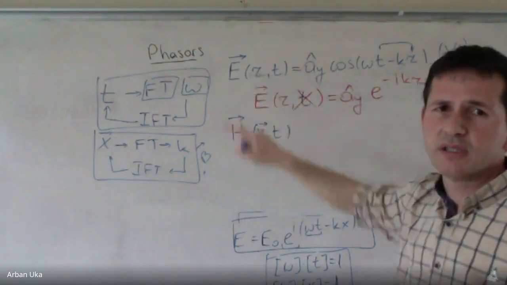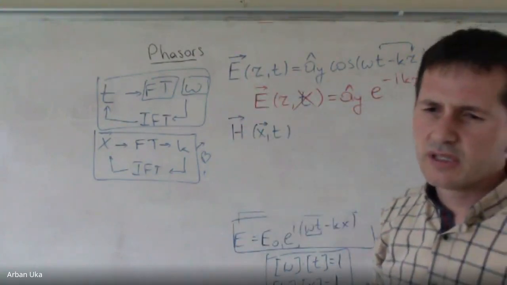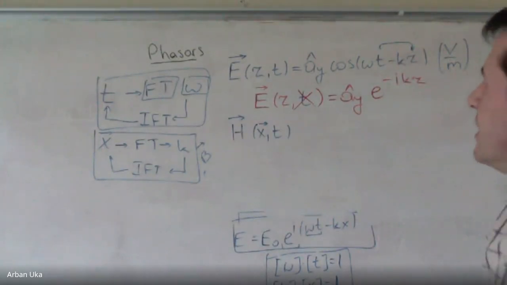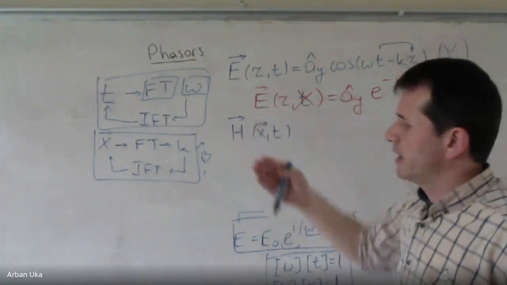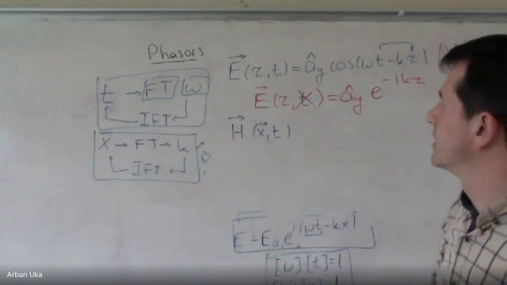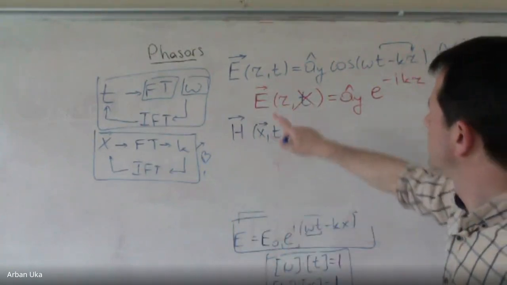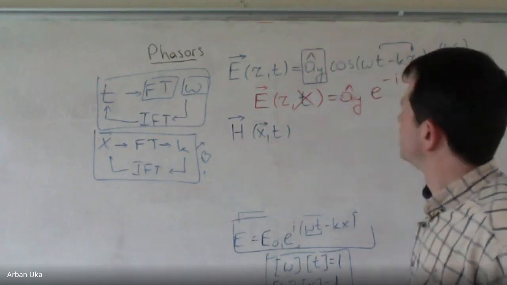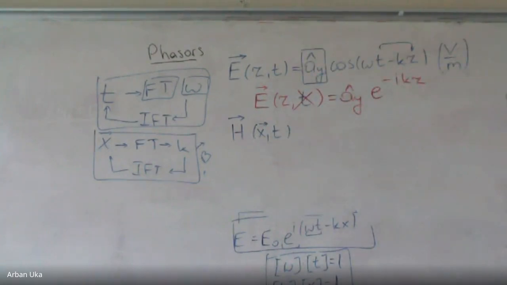It depends on z. The reason it depends on z, and this would be a good question for you to ask, is that E is changing as the wave is propagating along the z direction. So this is the direction of E, but the electric field does not depend on y.